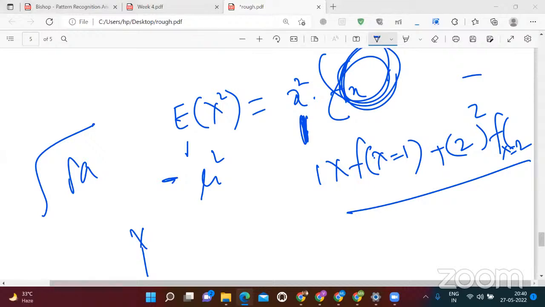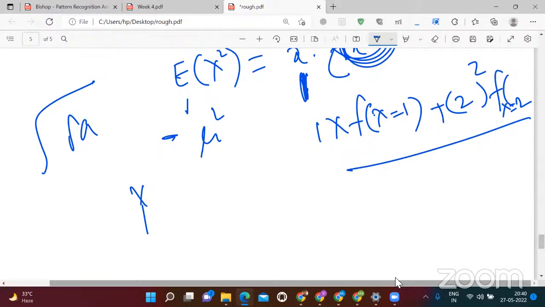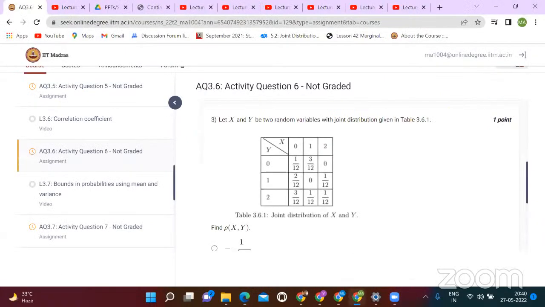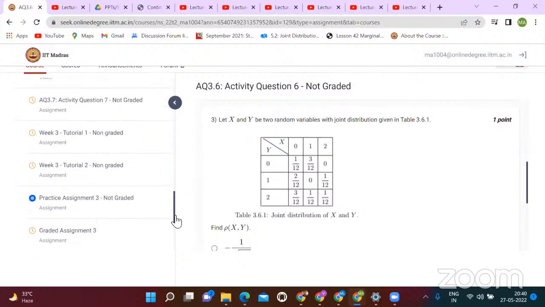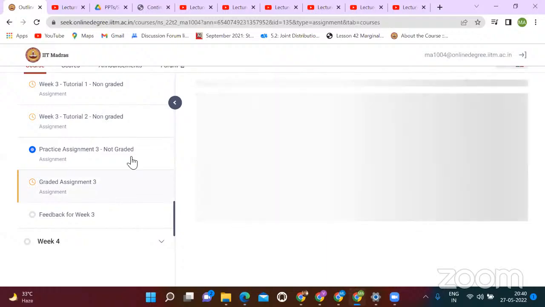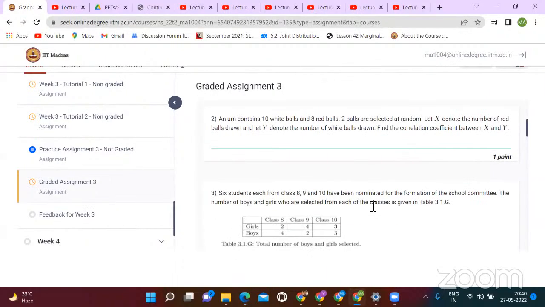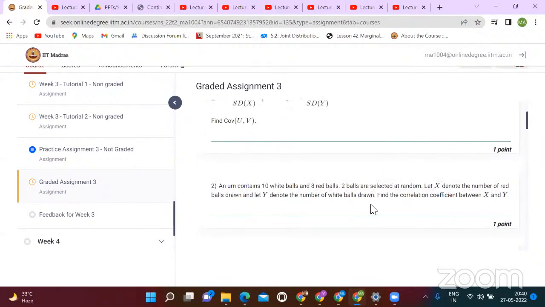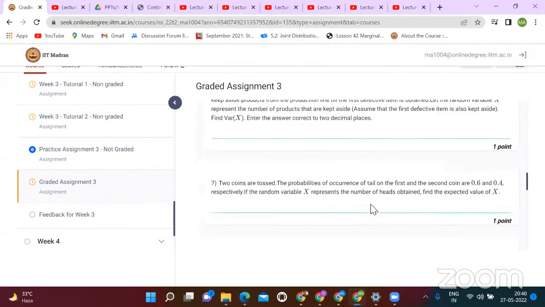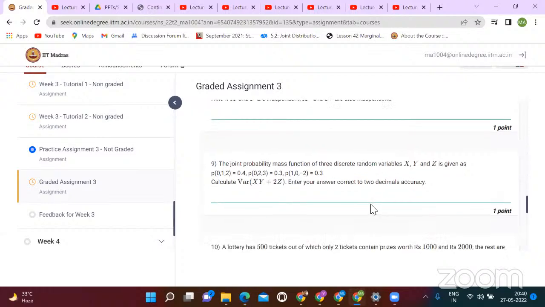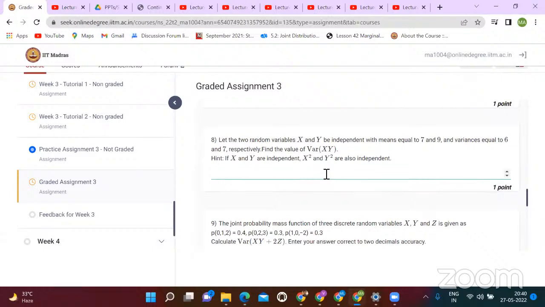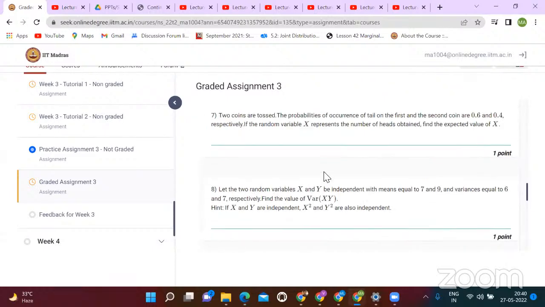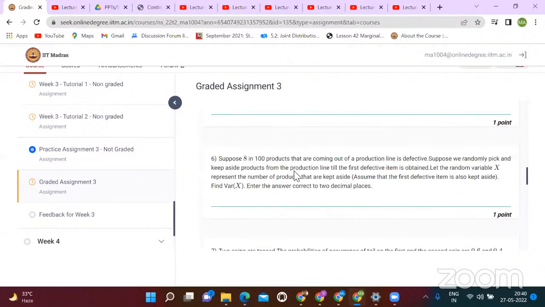Sir, I have a small doubt in graded assignment of week 3. No, I do not want a detailed discussion of that. There was a problem of the geometric progression, like the defective items were there. Which question? I'll just tell you in brief. It's the 7th question, above this one.